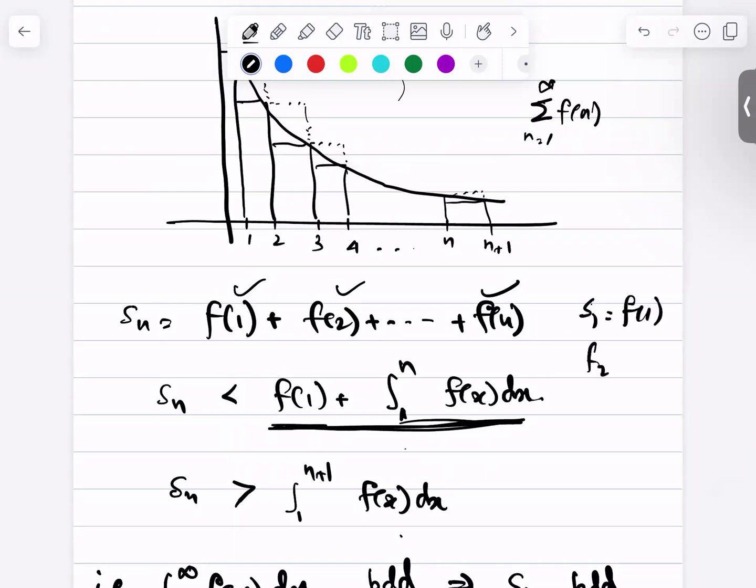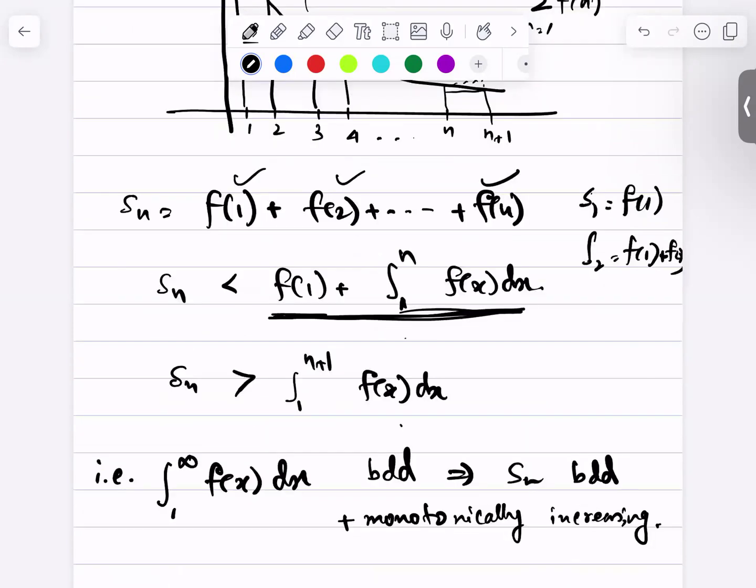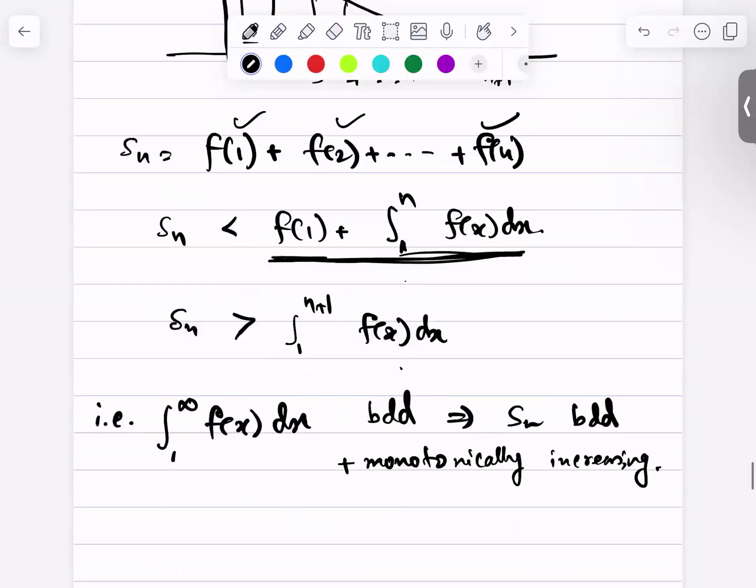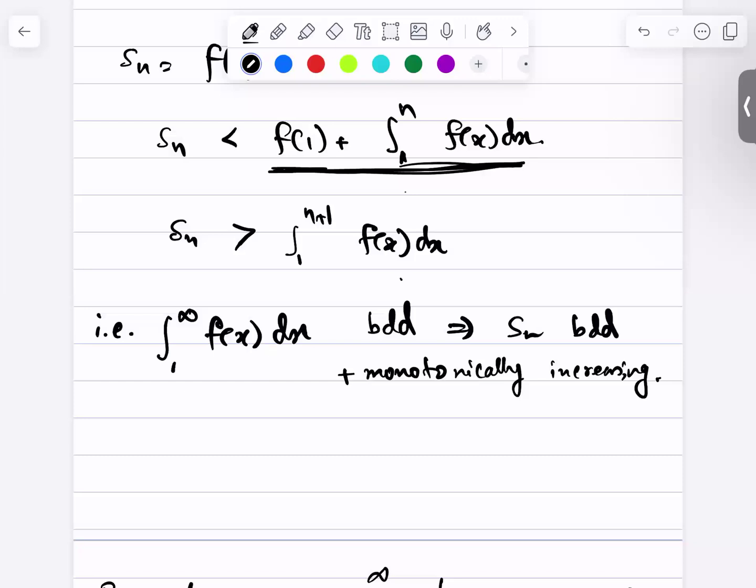For S2, it is f1 plus some positive quantity. So therefore, S_n is obviously monotonically increasing. Every time you go to the next term, say S_n to S_(n+1), you are adding something more. And by the theorem of sequences, if a sequence is increasing and bounded, then S_n converges.